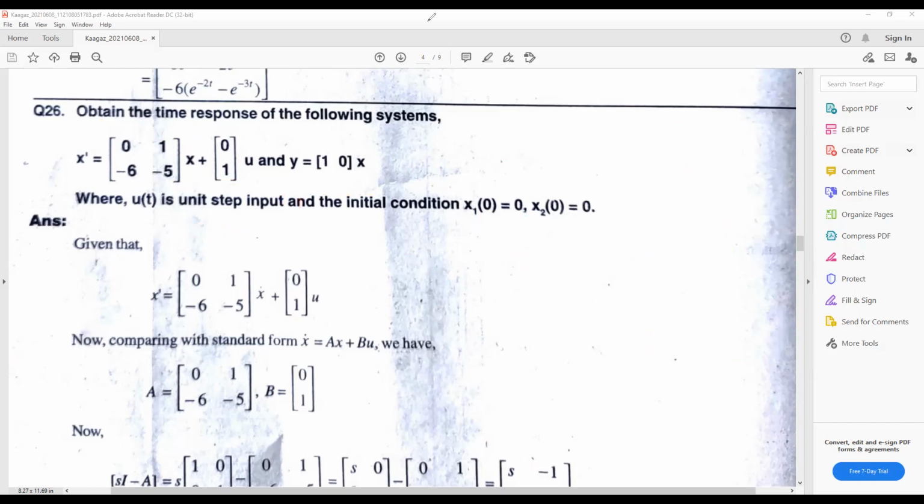Obtain the total time response of the following system. The state equation is x dash is equal to Ax plus Bu, and the output equation is y is equal to Cx, where u of t is a unit step input and the initial conditions are x1 of 0 is 0, x2 of 0 is 0.